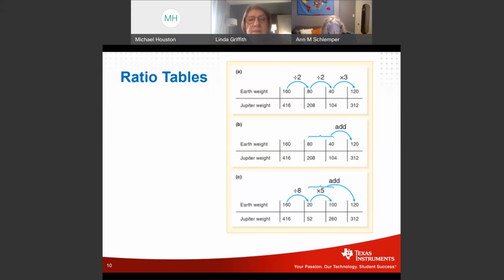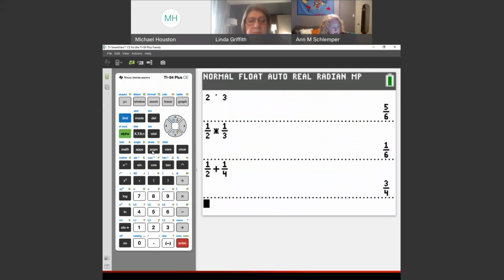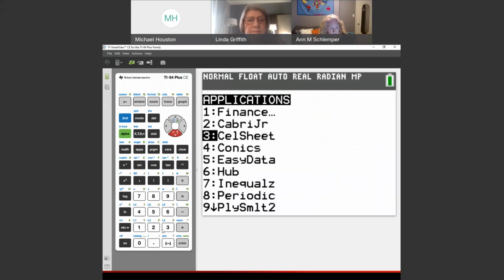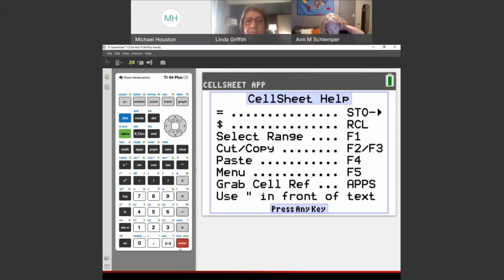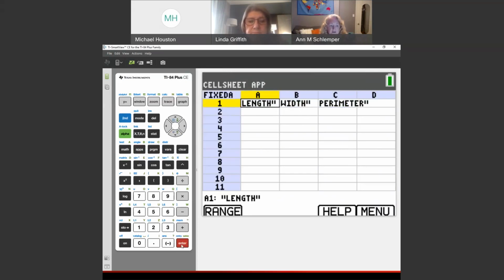So I created a cell sheet inside of this. Cell sheet's been on the 84 for a long time, but now this cell sheet app is so much easier to use, I think, and it's very much like Excel or any other spreadsheet.